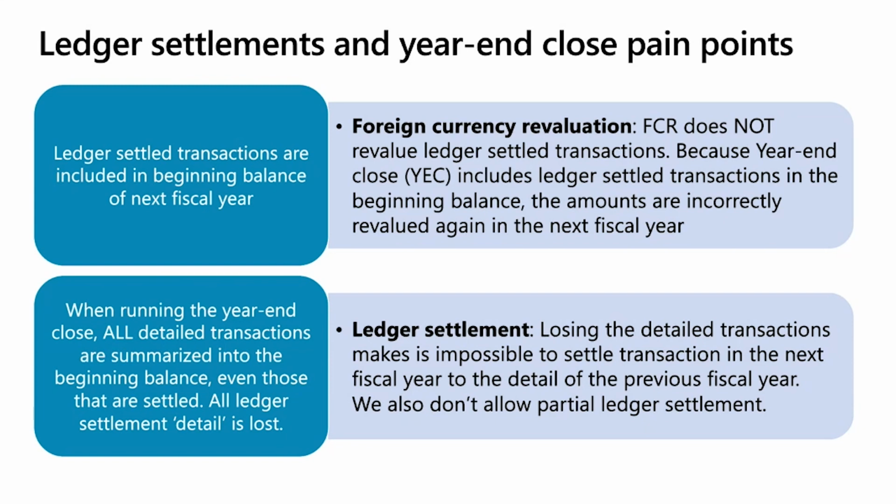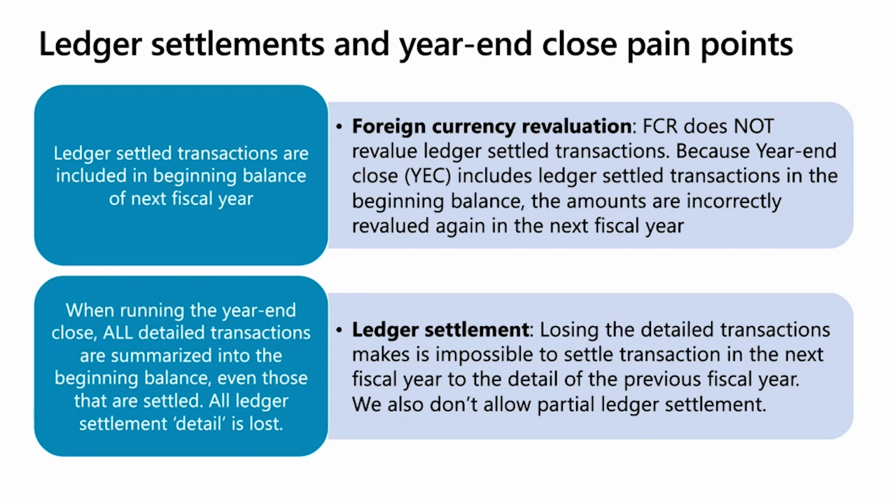So this raises a problem, as you can see at the top of the form, with respect to the foreign currency revaluation. Previously, our foreign currency revaluation included balances in the new year that were actually settled against transactions settled in the previously closed year, I should say.